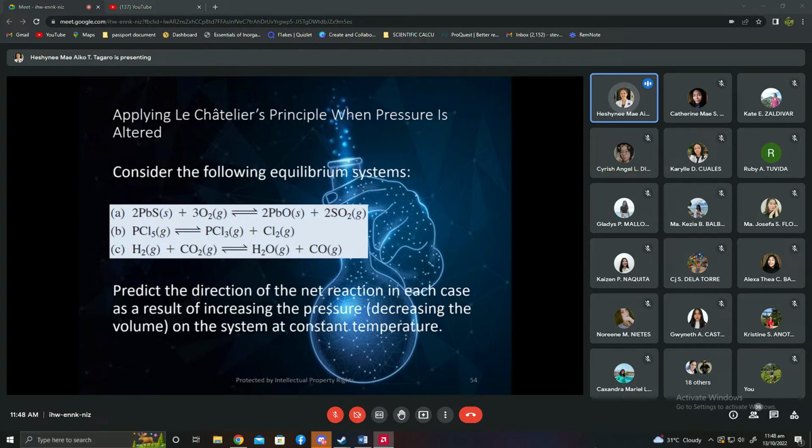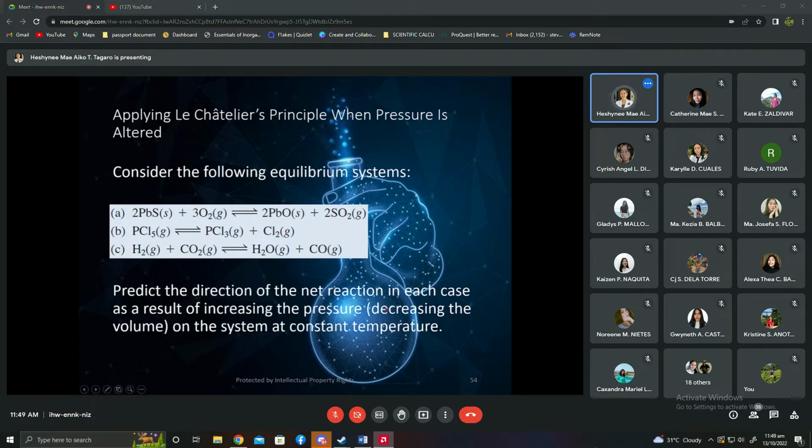In other words, the system will adjust to decrease the pressure. This can be achieved by shifting to the side of the equation that has fewer moles of gas.